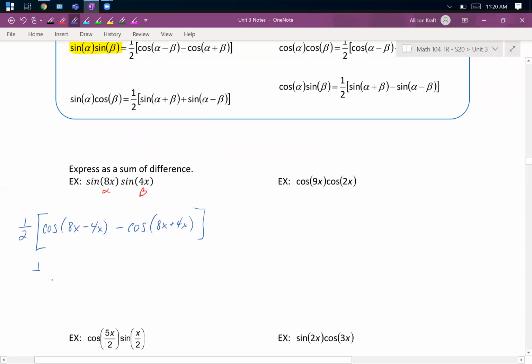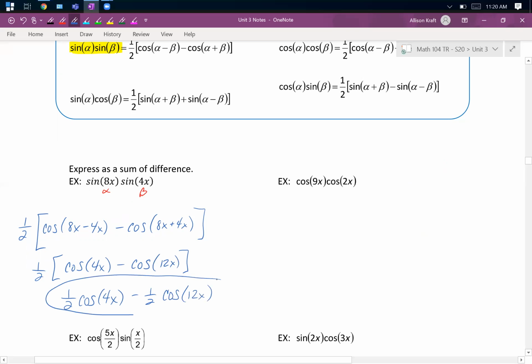That's 1/2 times cosine of 4x minus cosine of 12x. And then the last thing we need to do is simply distribute the 1/2, or you could put it all over 2. And there we go. Questions at all?